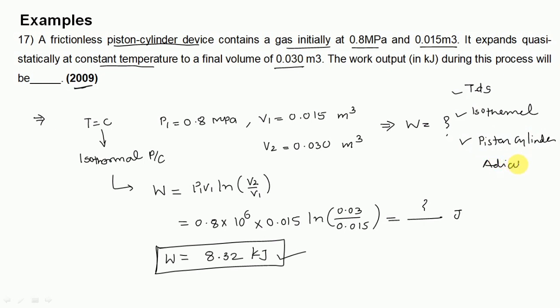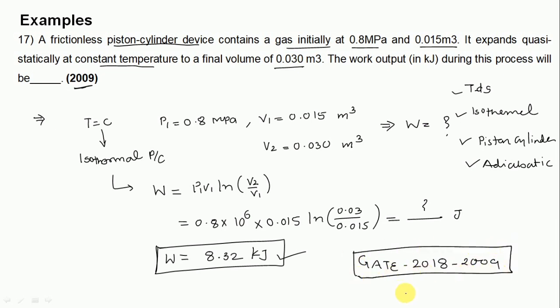So this is the solution of the problems from GATE 2018 to 2009. We already solved 17 examples, and most of the examples are asked from these topics.